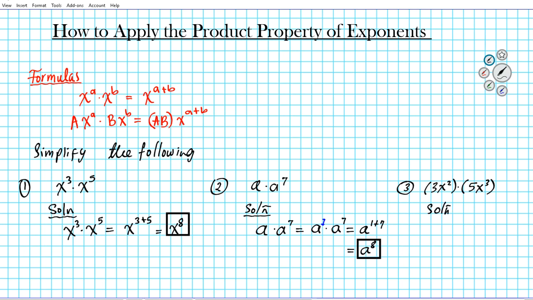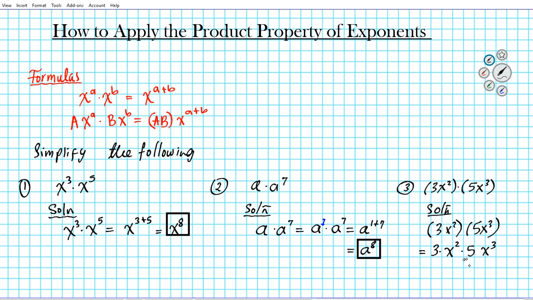Now to do this, we have 3x squared times 5x to the third. All right, so all we're doing here is just multiplying two monomials. All right, so we can rewrite this as 3 times x squared times 5 times x to the third. We're just simply multiplying two monomials.